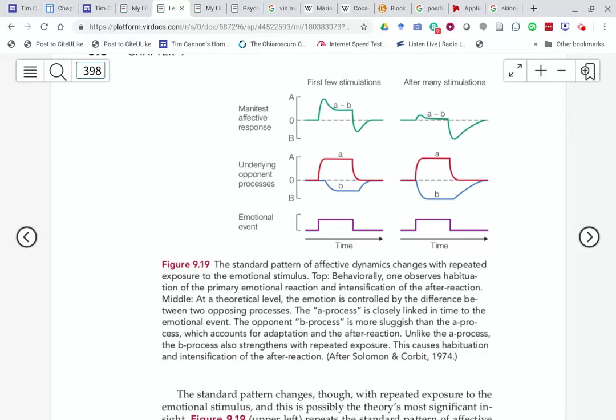The A function is what the drug or other experience does to you. And the B function is what your body does to counteract the A function. Your body wants to be left alone.